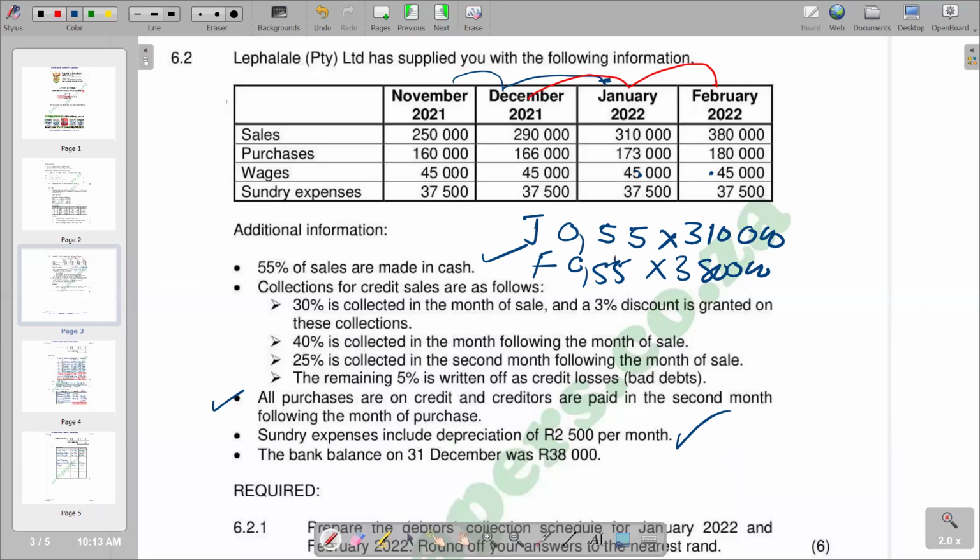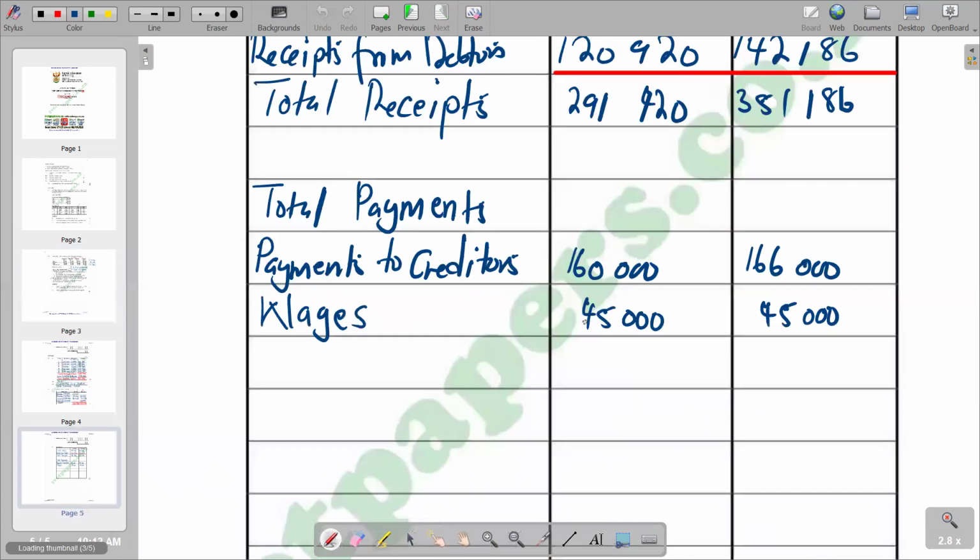So depreciation is out, which means we subtract 2,500 from the standard expenses figure of 37,000, and the standard expense figure becomes 35,000. Very important. So 35,000 applies for January and also for February.